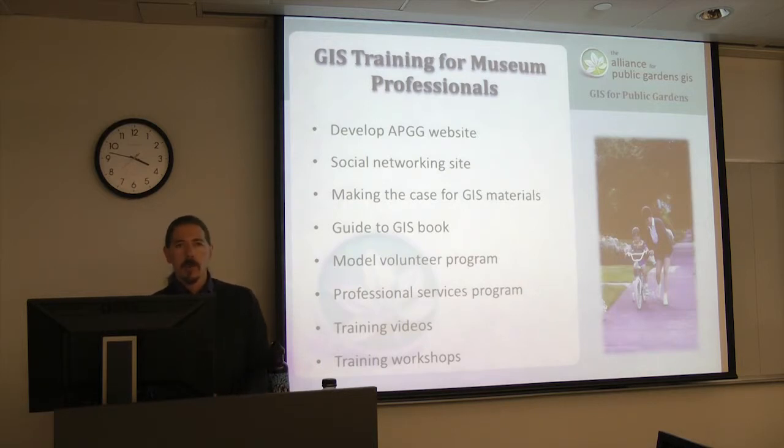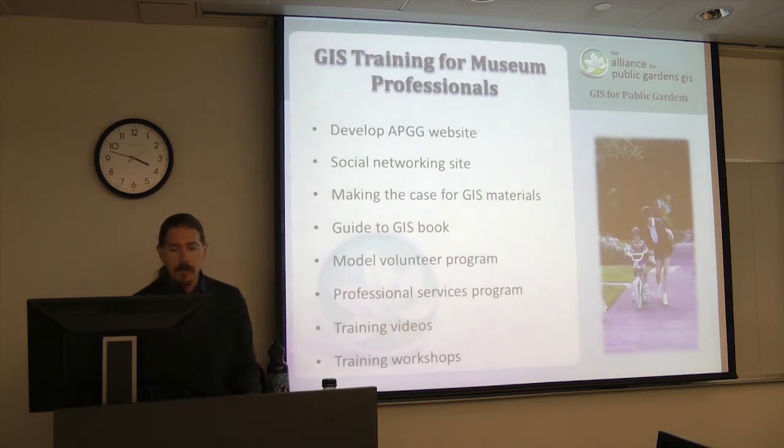And then Mia is working on a model volunteer program to help make it easier for gardens to recruit and train volunteers to help them do some of the heavy lifting that's involved in creating a GIS. And then we're also working with Esri on creating a professional services program that'll connect gardens with local GIS professionals who may want to volunteer some time to the garden, who are experts in using GIS and can really help accelerate your project.